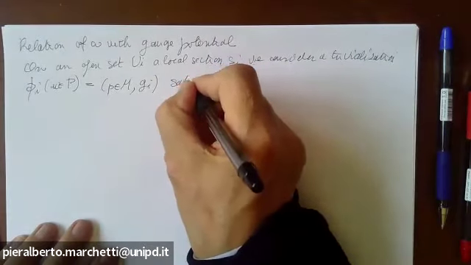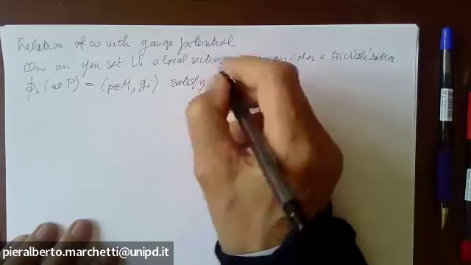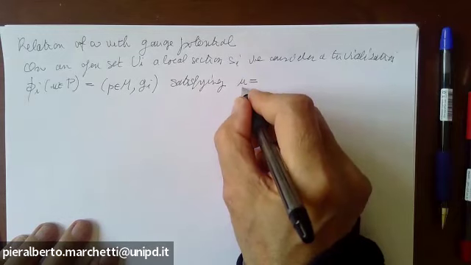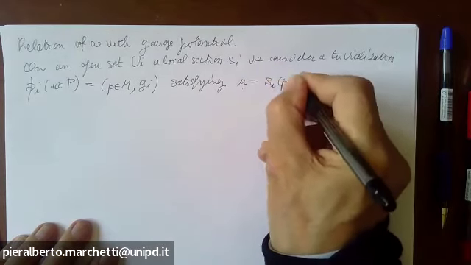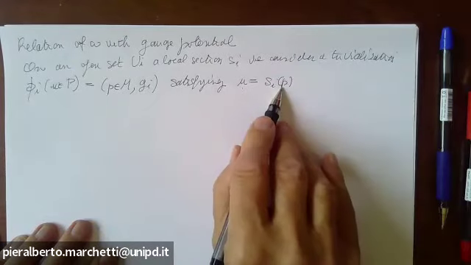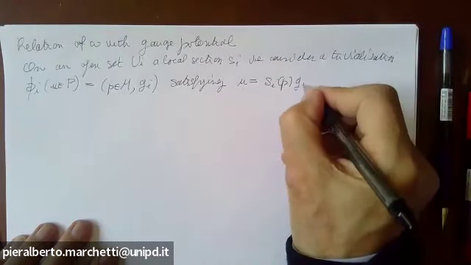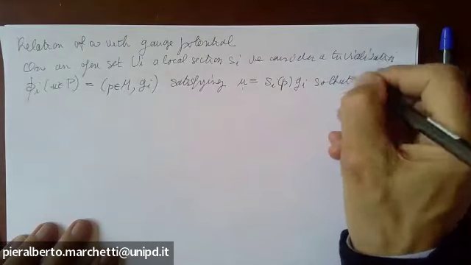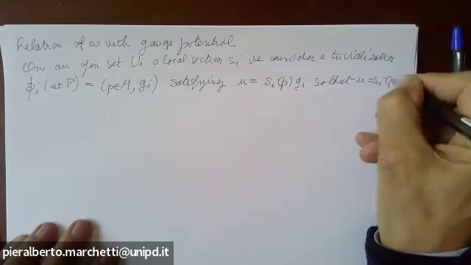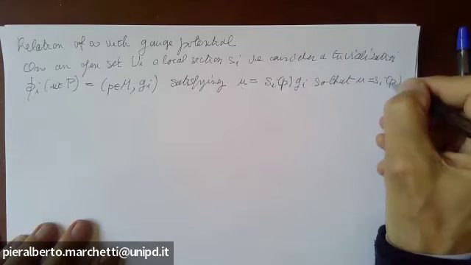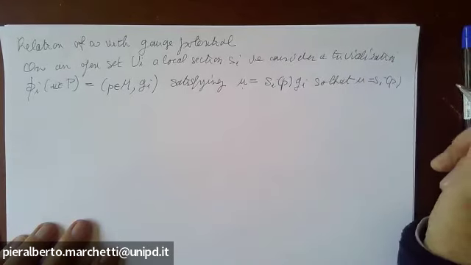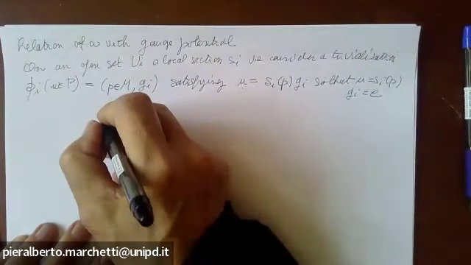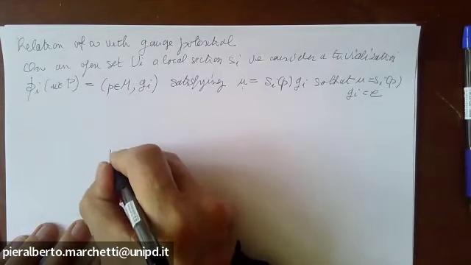And you ask that this satisfy the fact that u, a point in the total space of the bundle, is equal to the image of p through the section SI times this element of the Lie group GI. So that, in particular, if u is exactly the point in which p is mapped by the section SI, GI is just the identity.